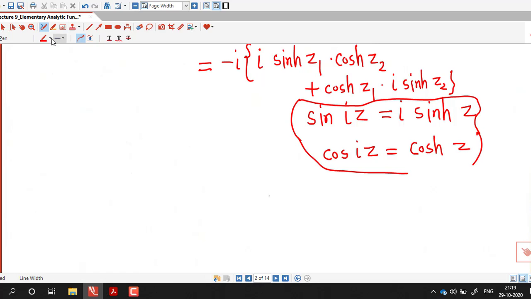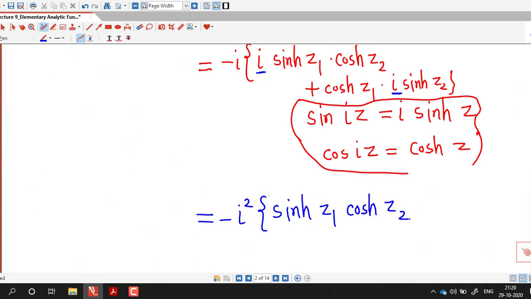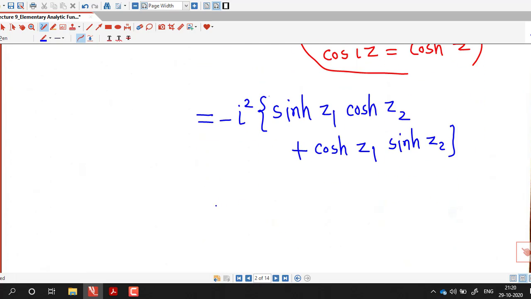Now we can see there is a complex number i in both the terms. So if we take it outside we have minus i square, minus i, and one i will be outside, and we have sine hyperbolic z1 cos hyperbolic z2 plus cos hyperbolic z1 into sine hyperbolic z2, and negative of i square is minus of minus 1.